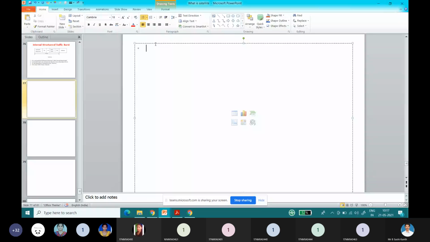Types of TDMA in satellites. First one is satellite switched TDMA.